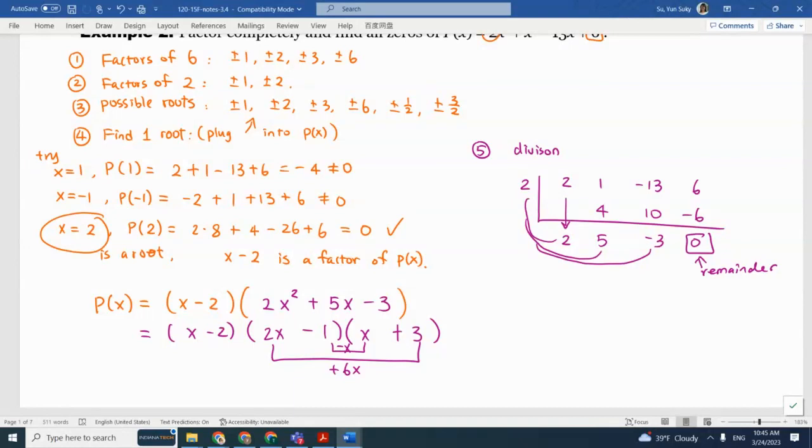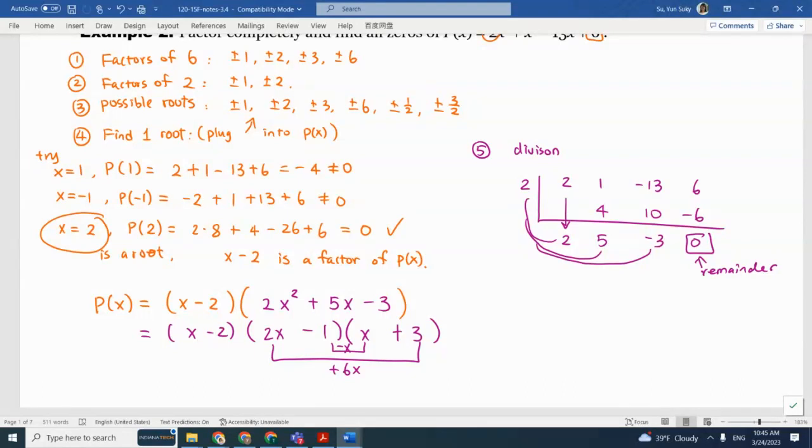Here? Yeah. You get 1, you get -1, and this is 6. Oh, okay. So these two numbers you multiply, you get the 2x squared.